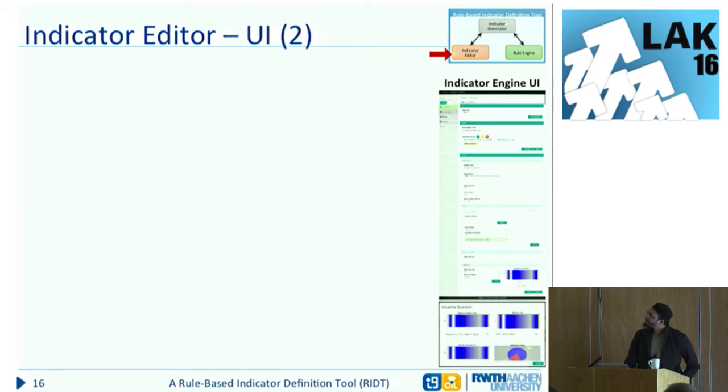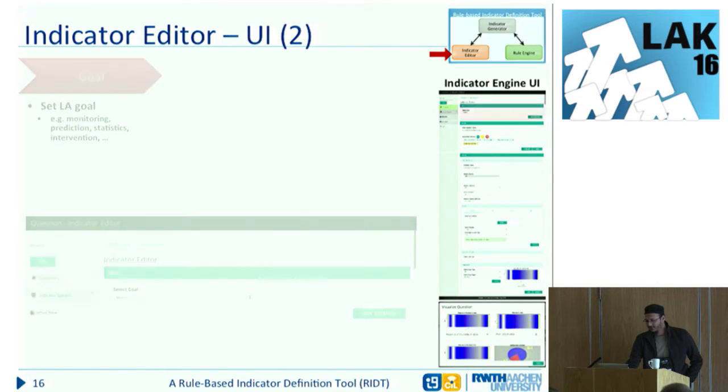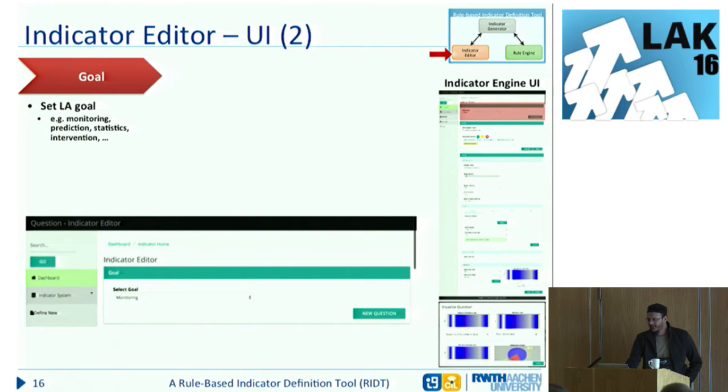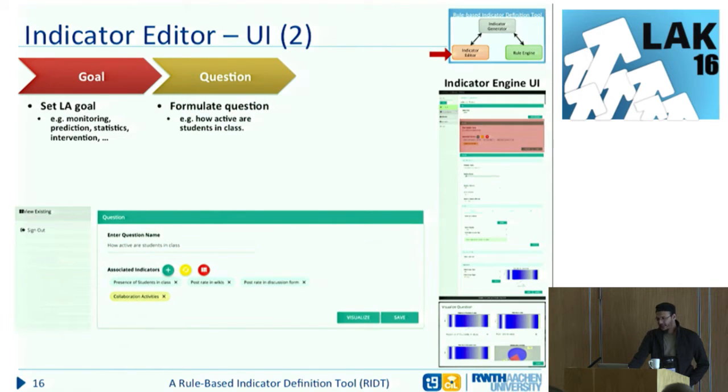Now I'm going to show you the whole interface, and give you a step-by-step flow of how the user will interact and add the questions. The first section is to add a goal. Here the user can select what kind of goal he has. For example, we have this monitoring goal, and then the user will select the question. The user can add a new question, or search for an old question and try to add new indicators to it to have its own personalized question.